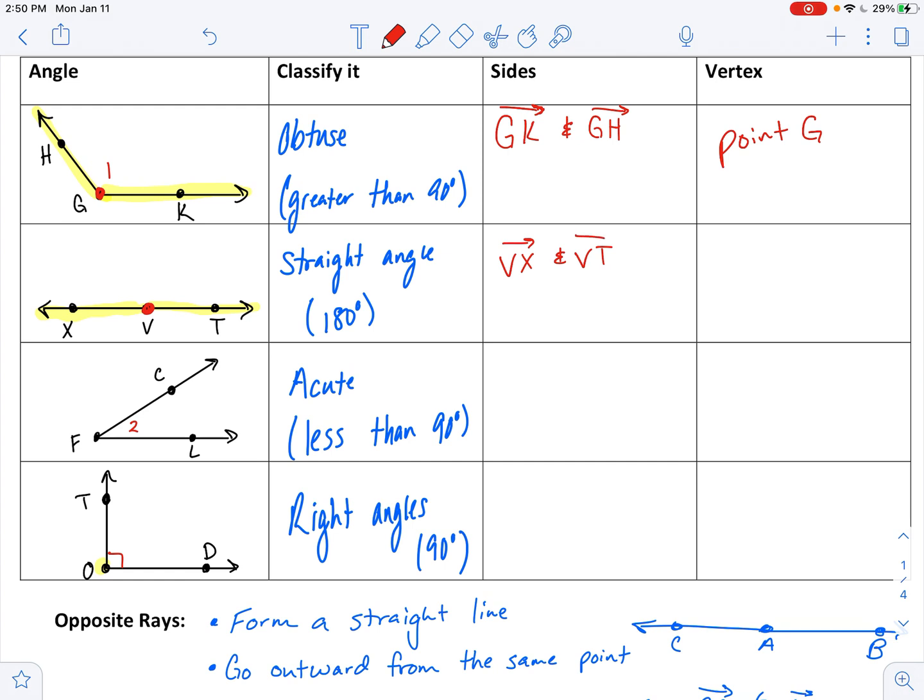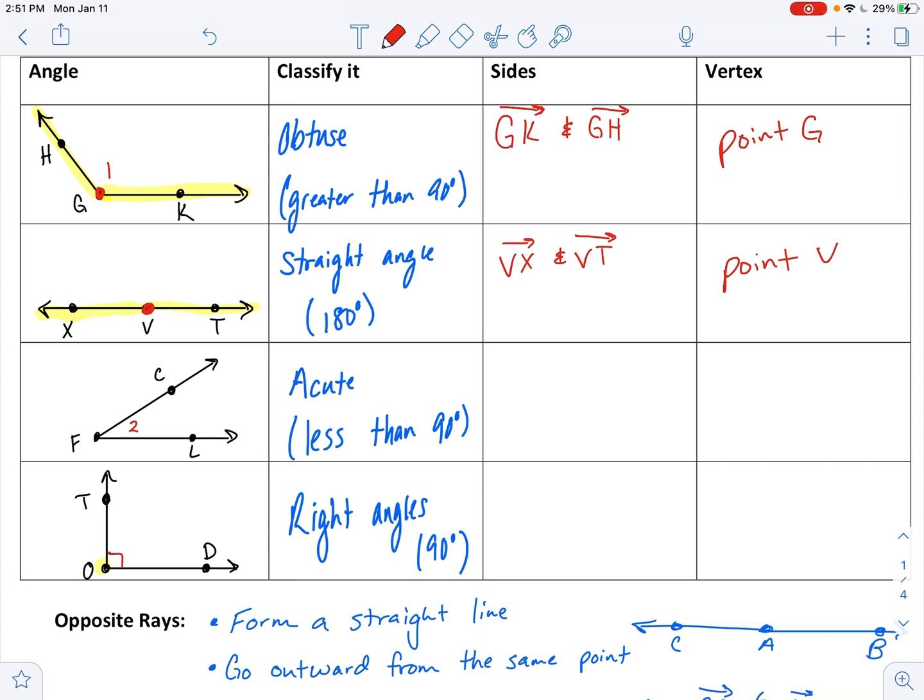And they go opposite directions. They make a 180-degree angle. And our vertex, of course, is right in the middle there, point V. So that's how we're going to identify the parts of our angle, the two rays, and the vertex.